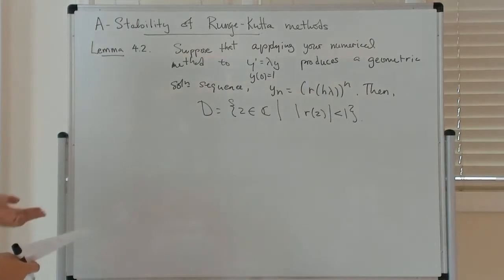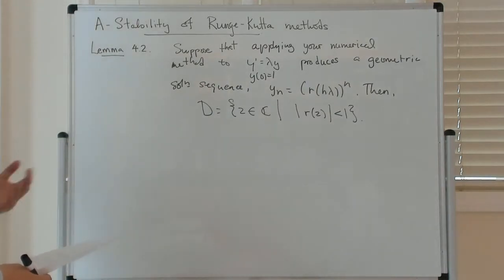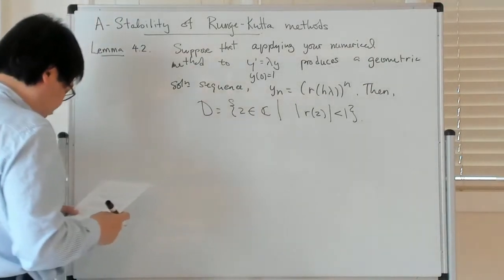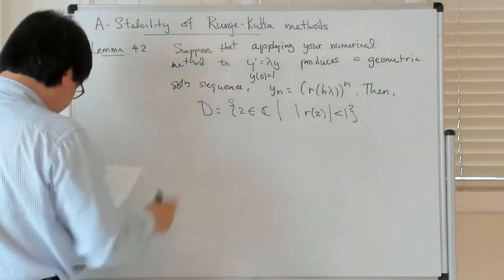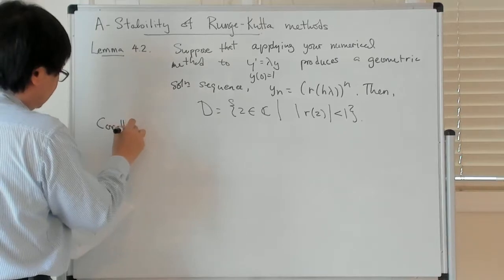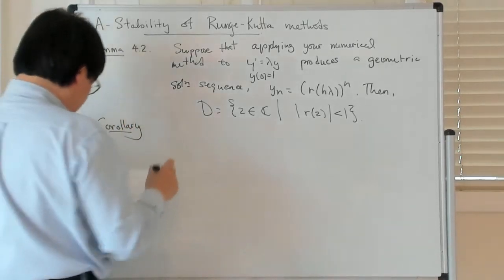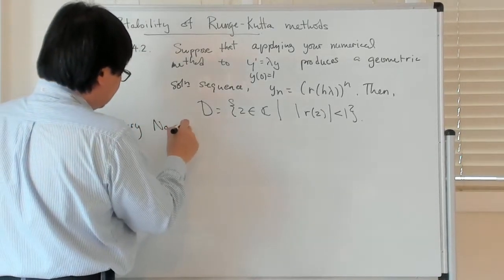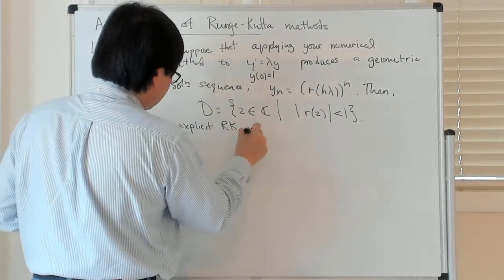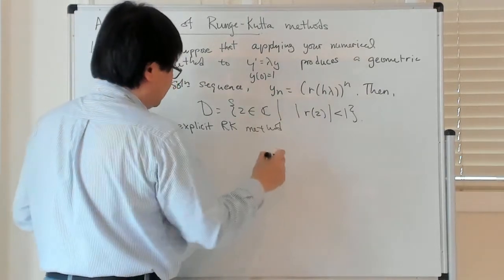This is the stability region, if you will, associated with a method with a certain stability polynomial. And this really just follows from the definition of this stability region. And then a corollary of this is that no explicit Runge-Kutta method can be A-stable.